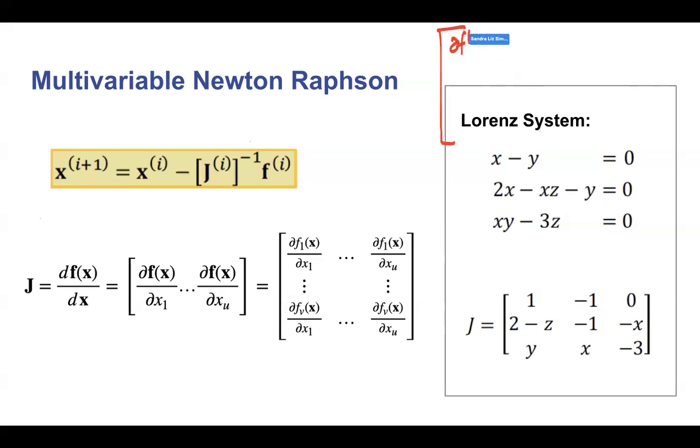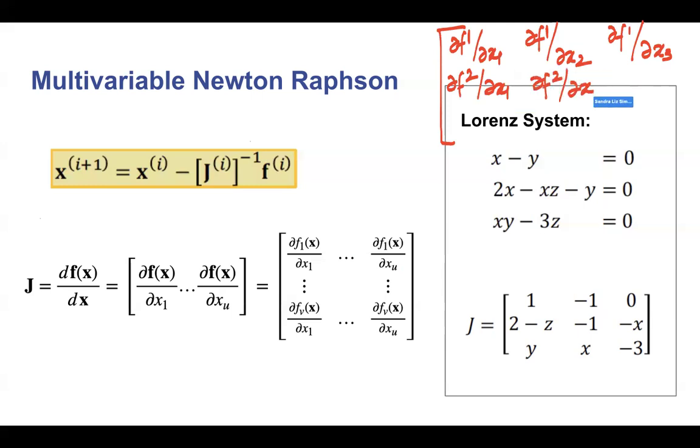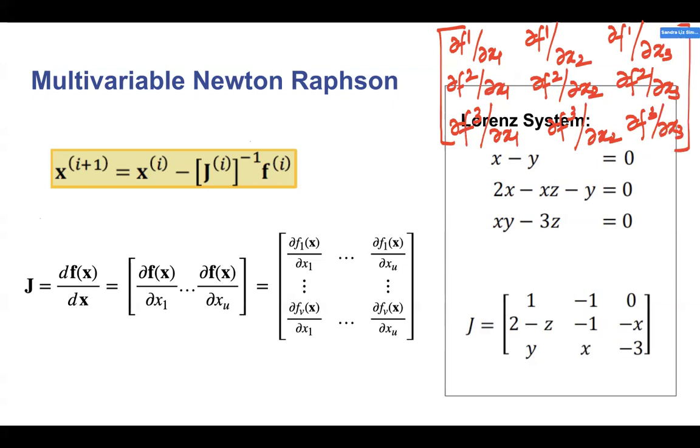Partial f1 by partial x1, partial f1 by partial x2, partial f1 by partial x3. Then the second function: partial f2 by partial x1, x2, x3. Then the third function: partial f3 by partial x1, x2, x3. This is the Jacobian matrix.